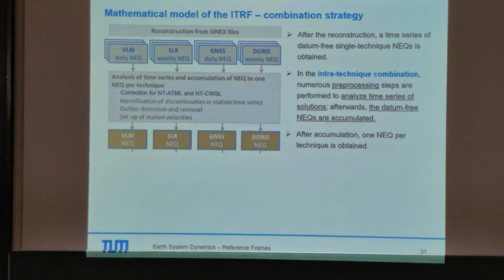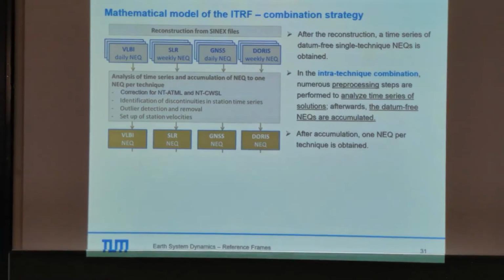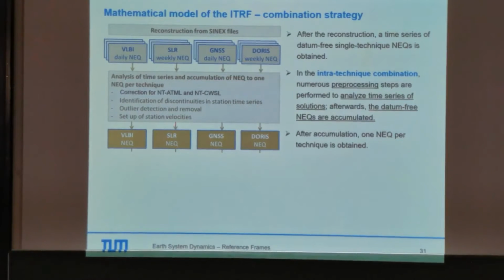And that brings us to the point that after the accumulation, one normal equation per technique is obtained. So from these thousands of daily normal equations for VLBI, after all this time series analysis and preprocessing, we end up with one normal equation which comprises all the coordinates of the VLBI network and the velocities. And then the same holds for the other techniques.